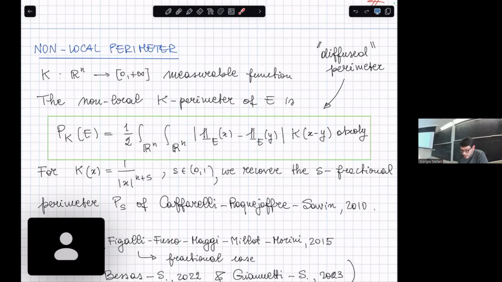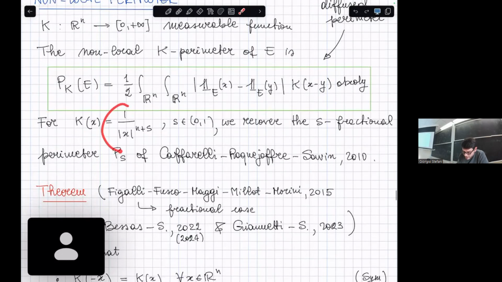A notable example is the fractional kernel, that is, you take 1 over modulus to the power n plus s, where s is a number between 0 and 1, up to a renormalization constant. And this is the example of the s-fractional perimeter, which was introduced by Caffarelli, Roquejoffre, and Savin in 2010.